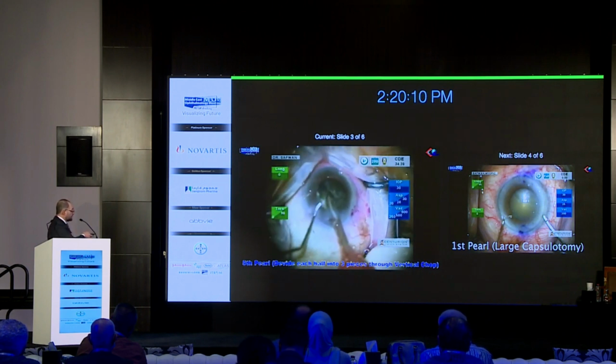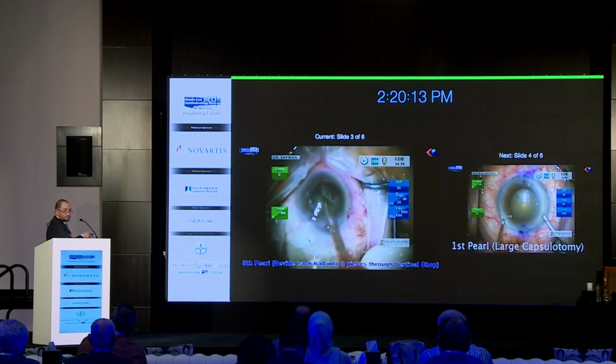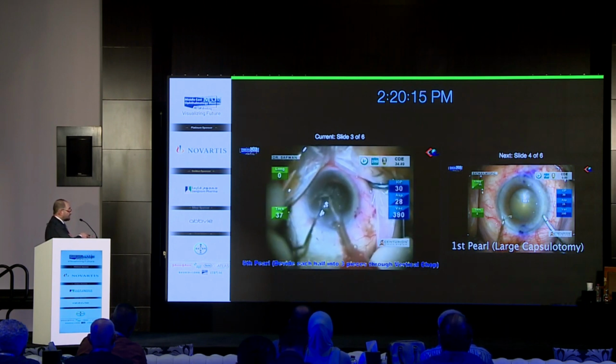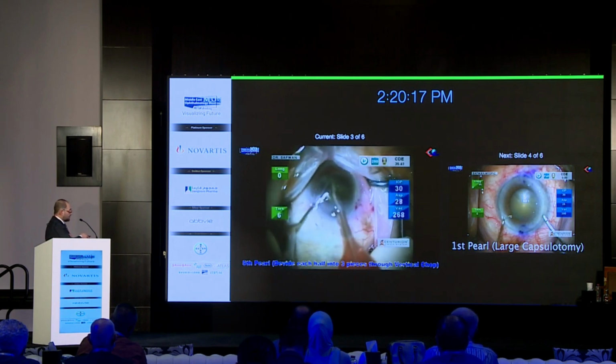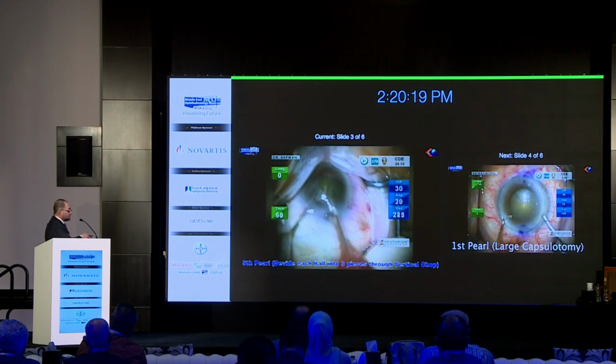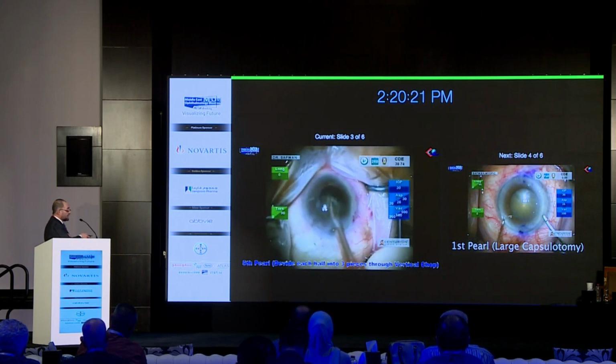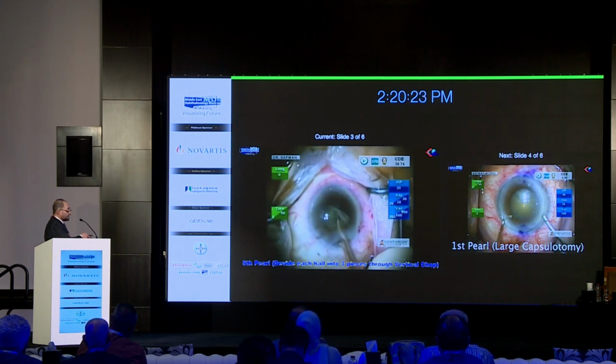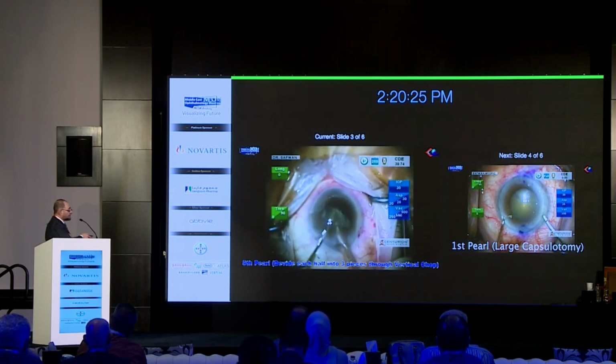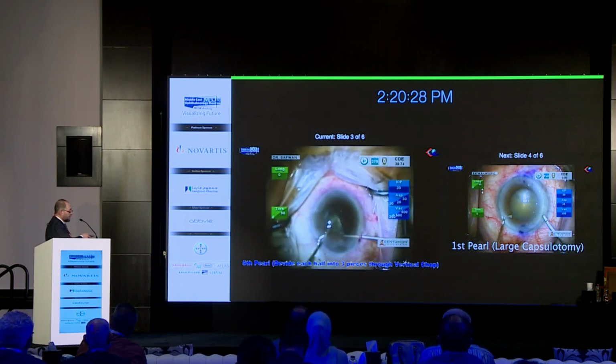You can see that the pressure I'm using is only 30, because this is an active fluidics. And the vacuum is linear, from 250 to 600, but hardly once or 2 times did I reach 500.